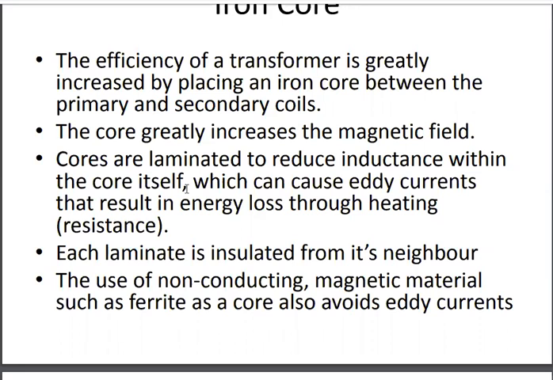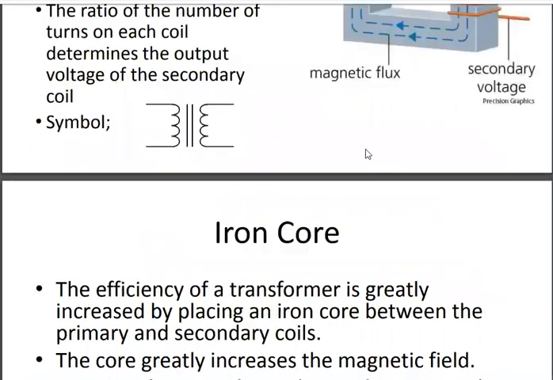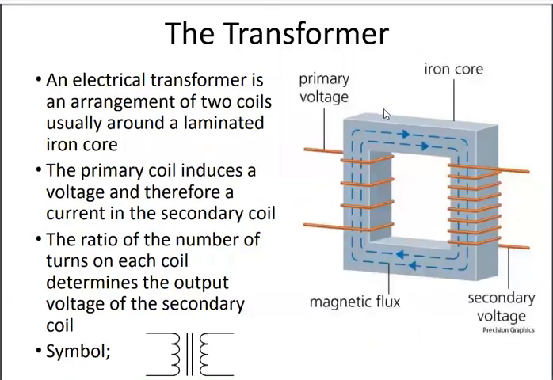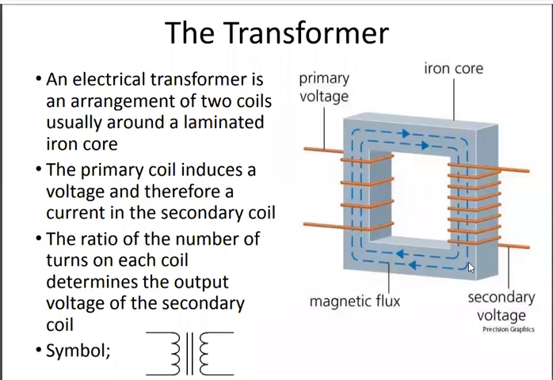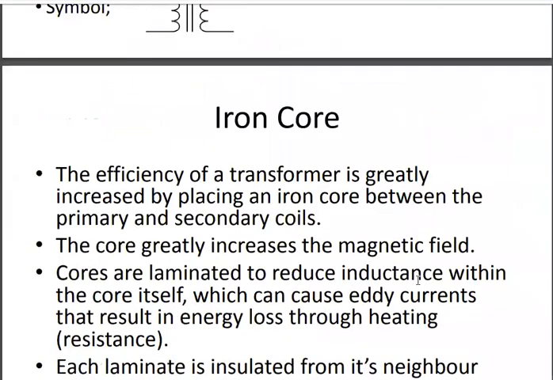So the solid iron is not used there, but laminated iron plate is used here. You see in this picture only a solid iron rectangular frame appears here, but it is not a solid, but several laminated plates, and one plate is insulated from another one in order to reduce eddy current, because eddy current dissipates the energy produced.